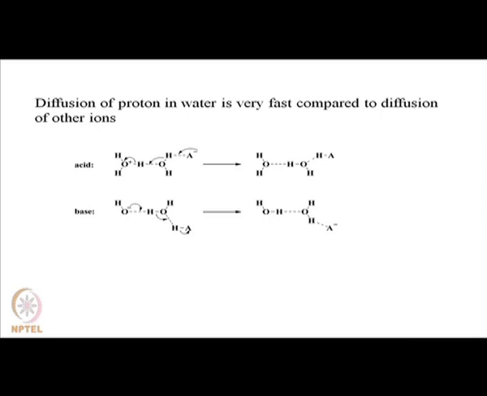Diffusion of proton in water is very fast compared to diffusion of other ions. Why? Because the proton is very small in size, and also there is a Grotthuss type mechanism, by which the proton does not need to swim close to the interacting entity. It is basically a relay kind of mechanism: on one side a proton is attaching, and on the other side another proton is detaching.